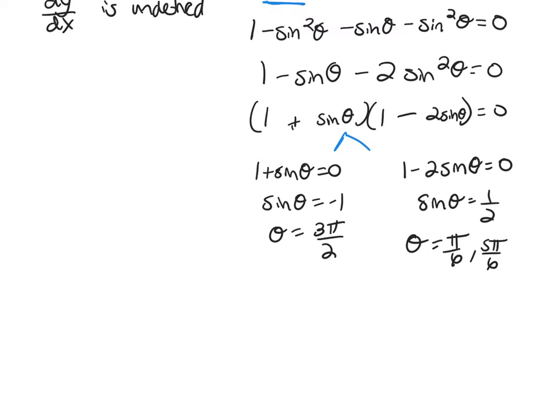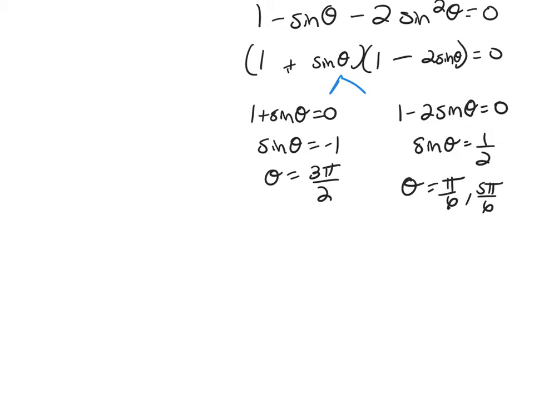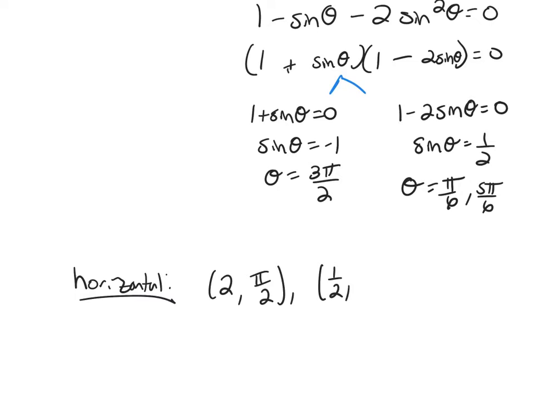So we get the following points, where again you have to plug theta back into your cardioid equation to convert this into points. Your graph has a horizontal tangent line at the points (2, pi over 2), (1/2, 7 pi over 6), and (1/2, 11 pi over 6).